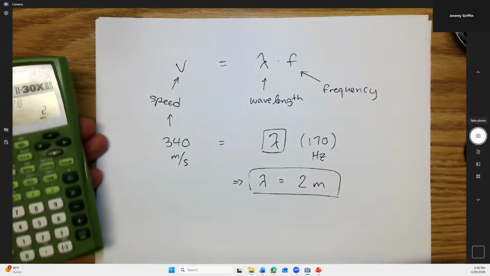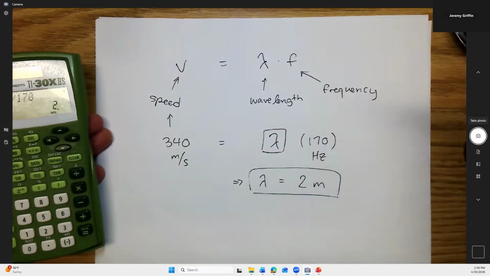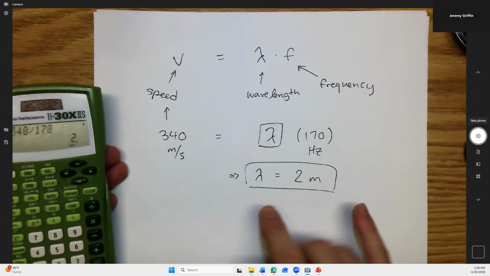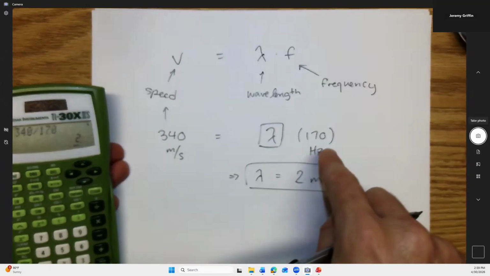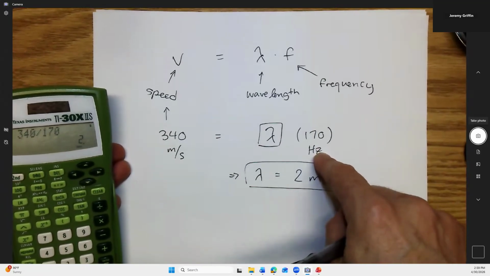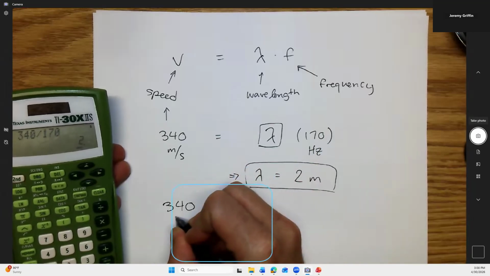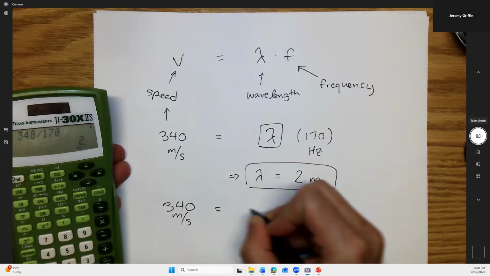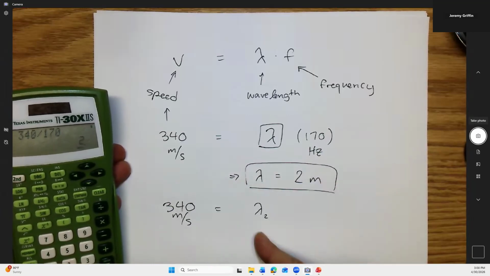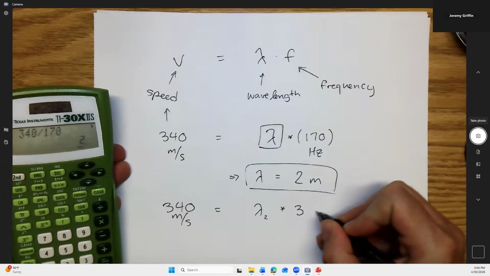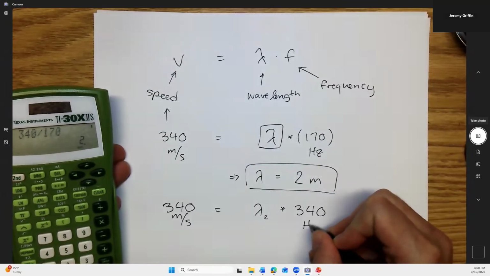So you can see the compressions in the air molecules. There would be a 2 meter gap or something like that. Now, what if I double the frequency? I'm talking really high pitch. Does the speed of sound change? No, the speed of sound's the same. But let's call this lambda 2. Now I'm talking in a high pitch, maybe I just double the frequency.